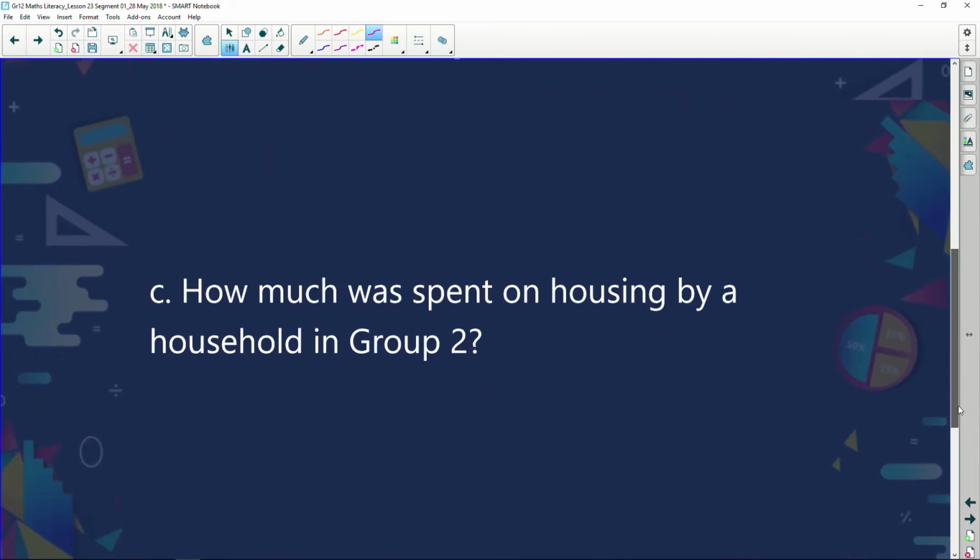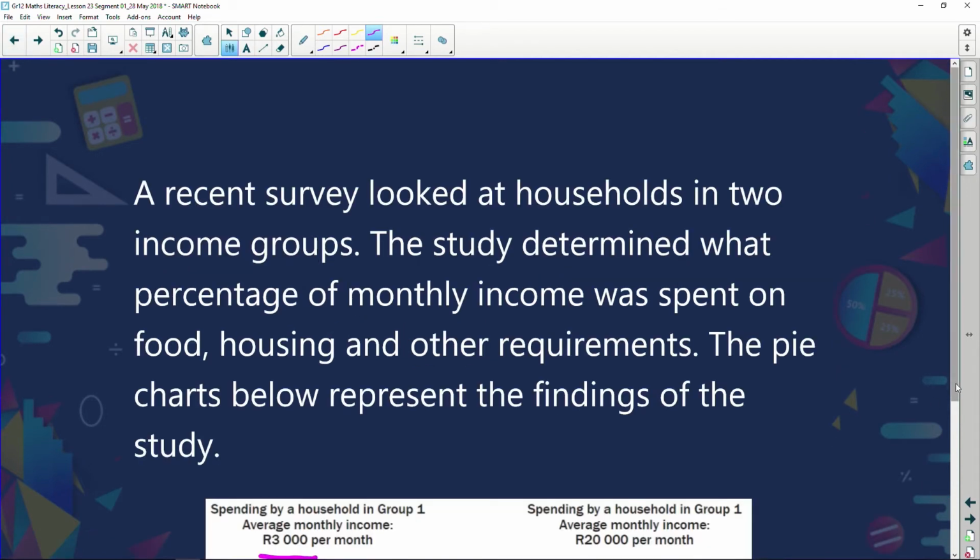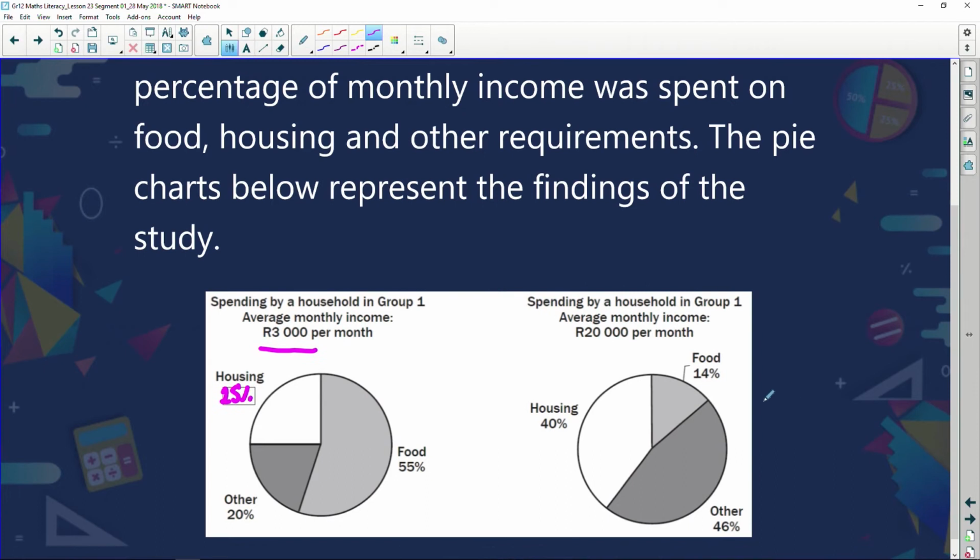How much was spent on housing by a household in group 2? So let's have a look here. Here's our second group and how much was spent on housing. It says 40% was spent on housing and 40% of what? Of the 20,000 Rand.